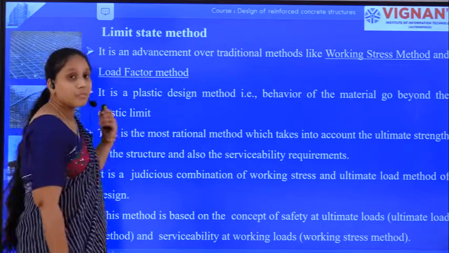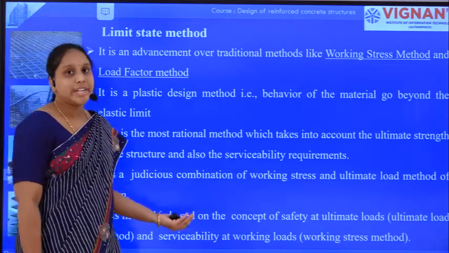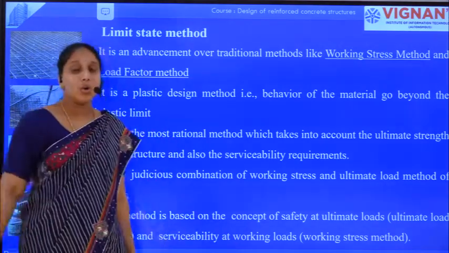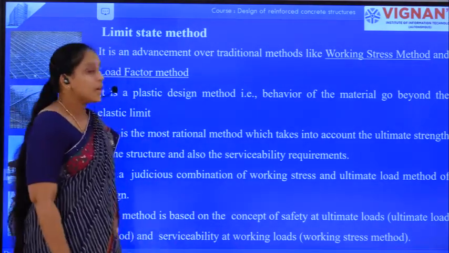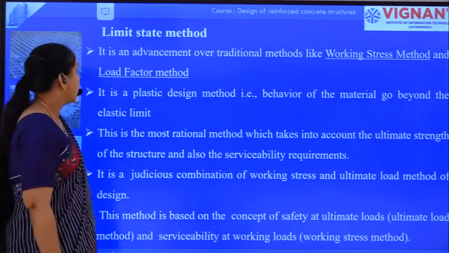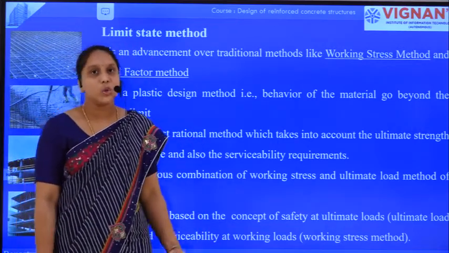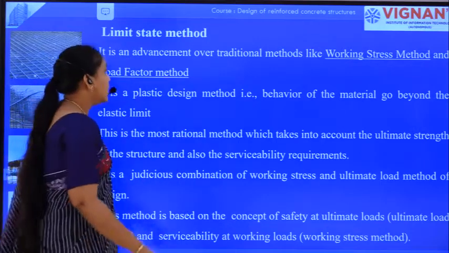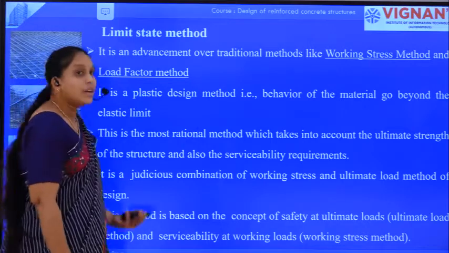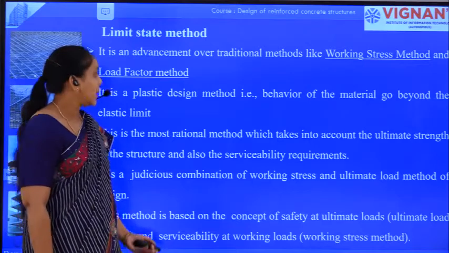The limit state method of design is an advancement over the traditional methods like the working stress method, the ultimate load method or the load factor method. In this particular limit state method, they have taken into account the plastic behavior of the materials also. That is, this limit state method is also called the plastic design method.